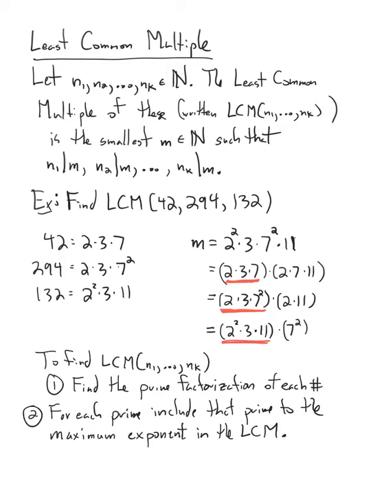So rather than the minimum for the greatest common divisor, we're going to take the maximum for the least common multiple.